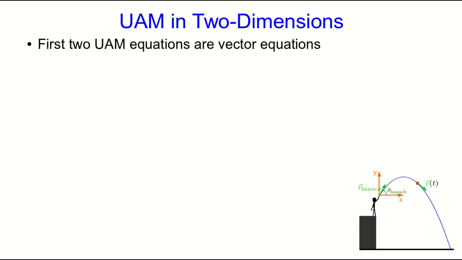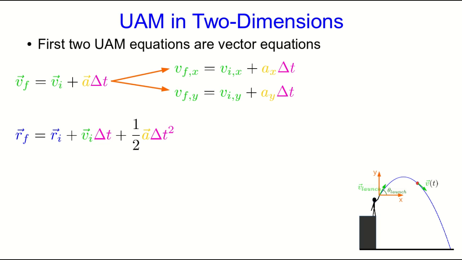Well, the first two UAM equations are vector equations. Here they are written as vector equations, and so the first one will separate out into two component equations like so. And in the first one, we note that for a projectile, AX is 0, and so that turns it into a rather trivial equation that isn't even particularly useful.